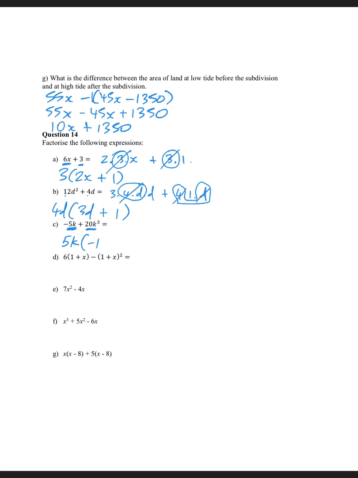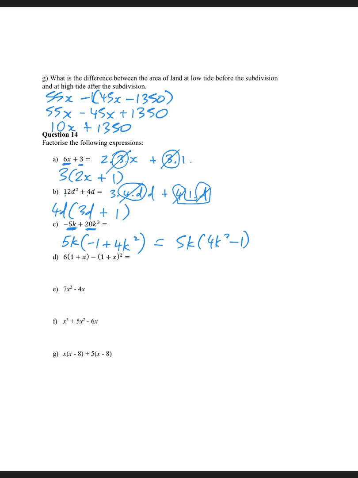What would I have to times 5k by to get 20k cubed? Not negative, that's positive already. 5k, positive 4k squared. That's also the same as 5k, 4k squared, take 1. Either of those I'd accept.